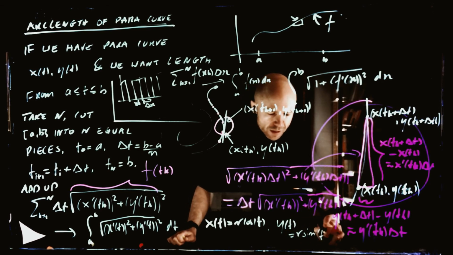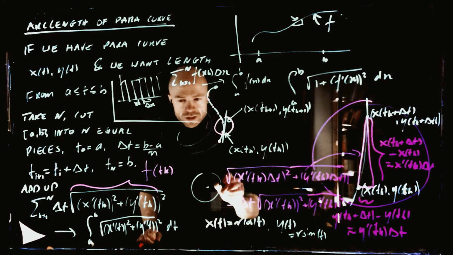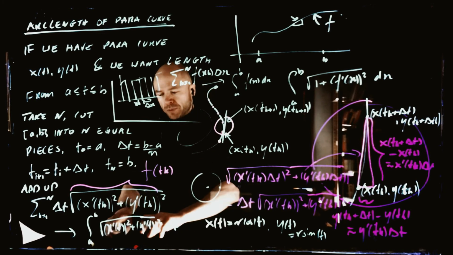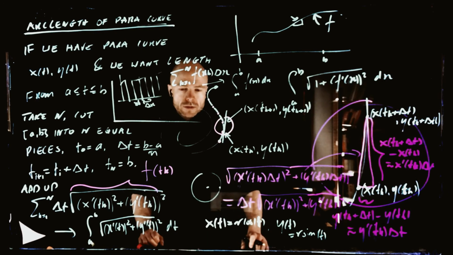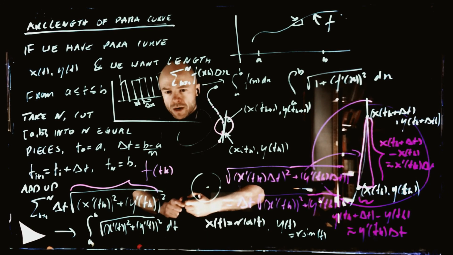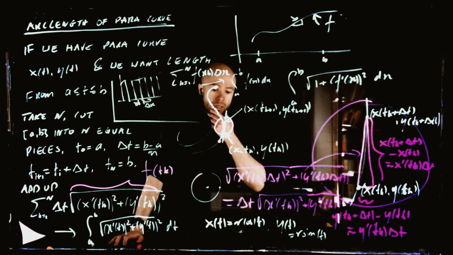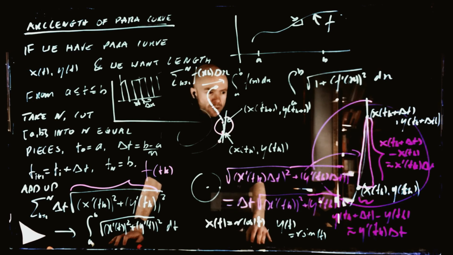That thing's going to describe a circle as we go from t equals 0 to 2 pi. Yeah? And then just put this into the formula and find the arc length, and you'll find it's 2 pi r, which is what you know it to be anyway. Yeah? But now you know why it's 2 pi r, because this formula gives it to you. So doing the calculation is rather easy.